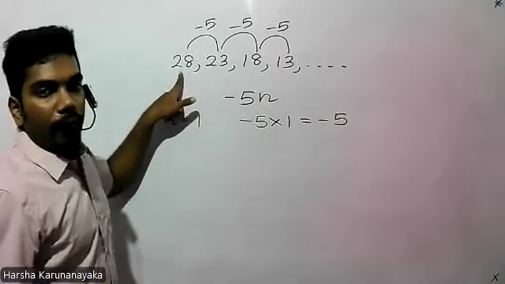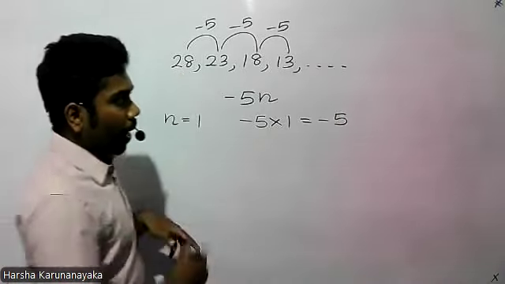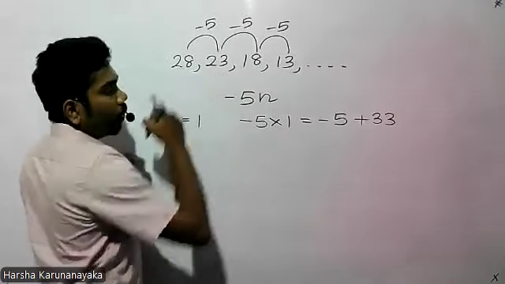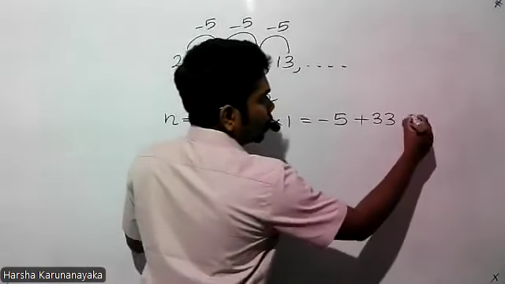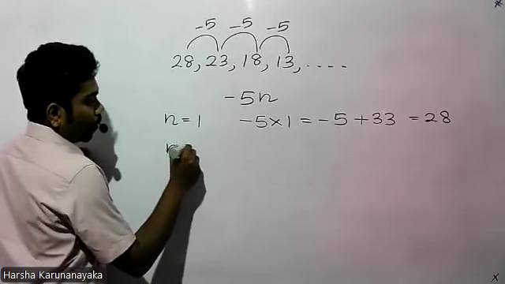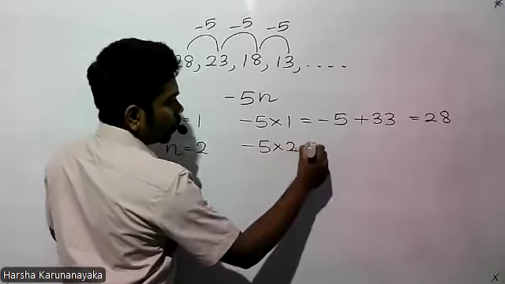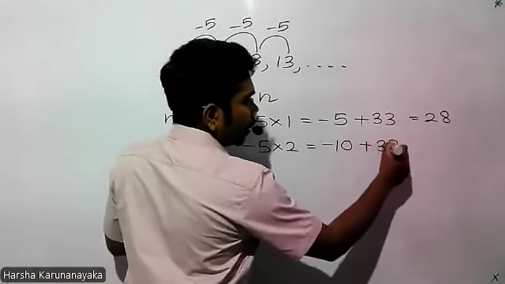But our actual first term is 28. So we have to add 33 to get 28. 33 minus 5 is 28.